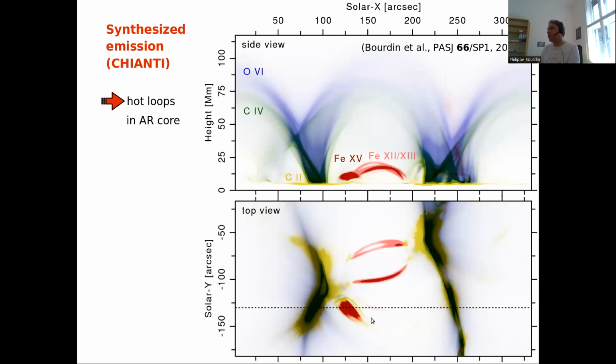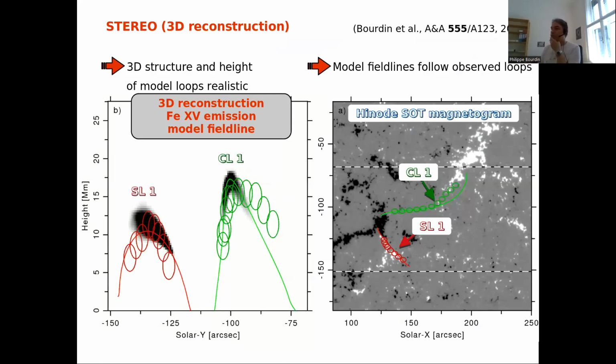And what is of course interesting is, if you have an observed magnetogram at the base in the photosphere, you should be able to compare with actual coronal observations, right? And that is what we did. Just to support that the model is correct or realistic, or at least that the loops are in the right place and have the right height, you can do a 3D reconstruction of stereo data, for example.